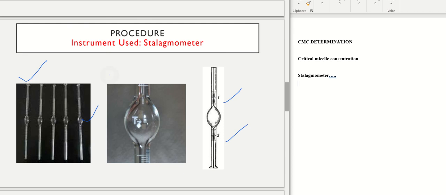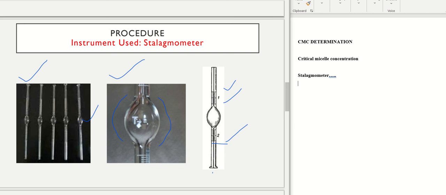When we look at the construction of stalagmometer, we have a bulged portion at the center. This is called the bulb. Above the bulb we have the upper marking, and below the bulb we have the lower marking, and this is called the bore, a narrow opening.